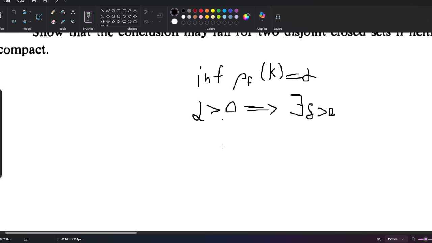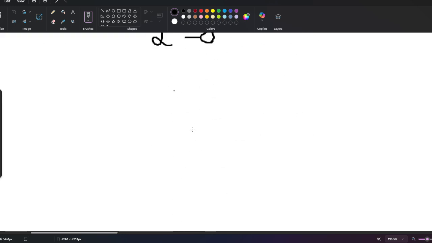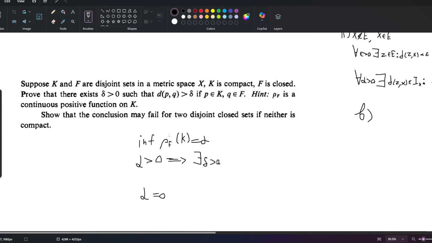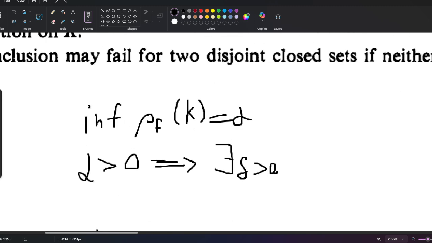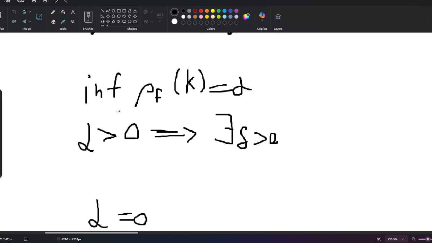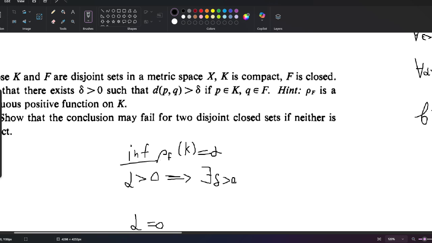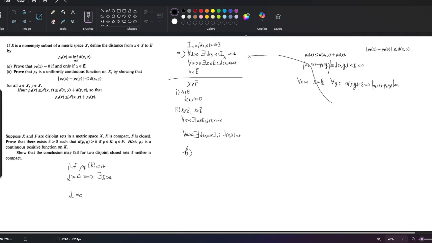Okay, what if alpha is equal to 0? Well, then since we're working with a compact set, rho f of K is going to be compact, so every limit point belongs to it. And the issue here is that 0 is going to be included as a limit point, because the infimum here is basically kind of like a limit, like it was here.